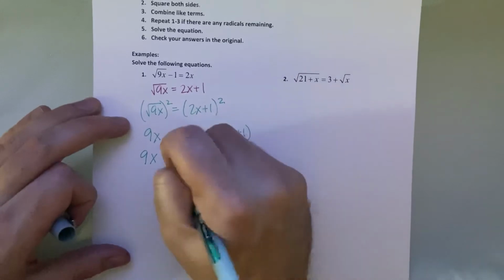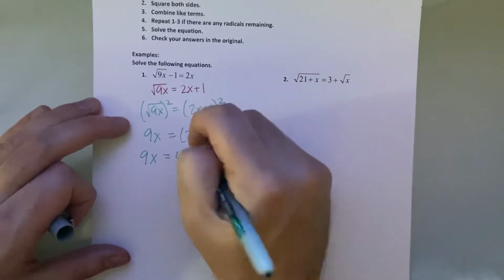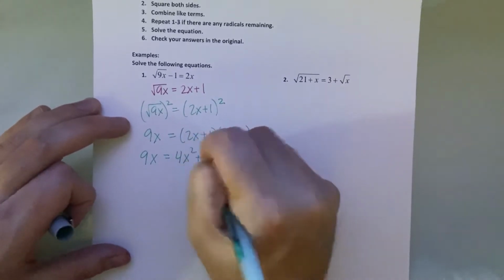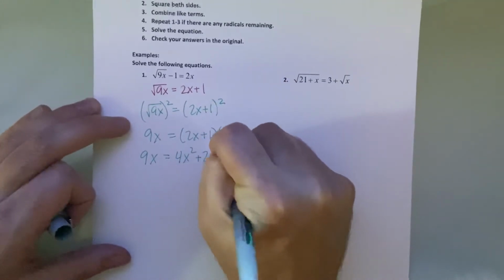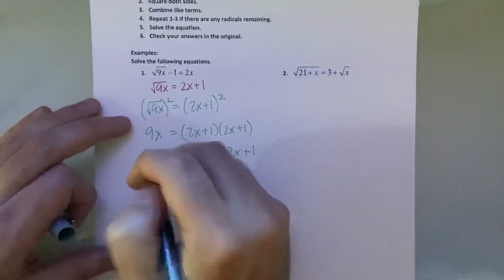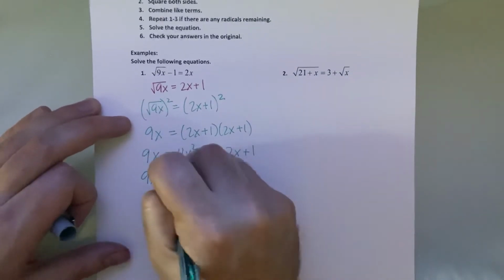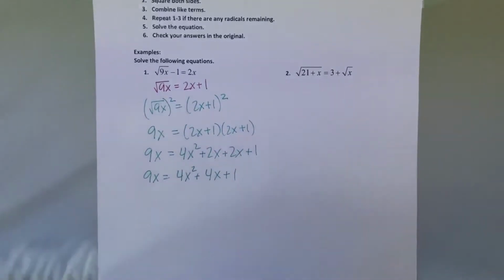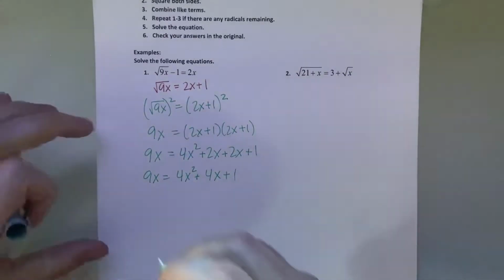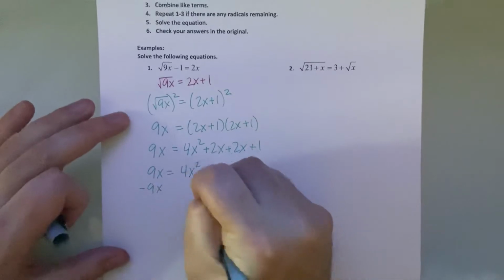So 2x times 2x is 4x squared. 2x times 1 plus 2x, 2x times 1, another plus 2x, and 1 times 1 plus 1. So we have 9x equals 4x squared plus 4x plus 1. This is quadratic, so I need to set it equal to 0 by subtracting 9x.